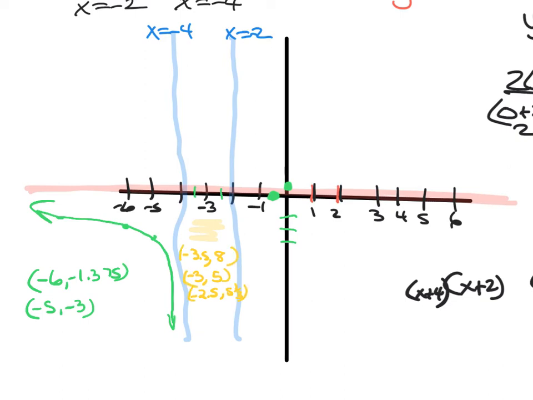So let me graph these. So negative 3, and then let me go up to 8 here. So 1, 2, 3, 4, 5, 6, 7, 8. So negative 3 and 8. Then negative 2.5 and 5. Let's see.